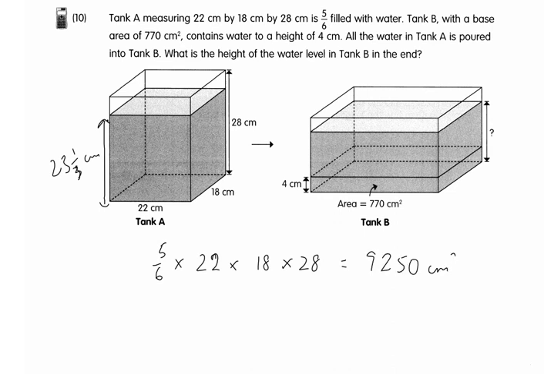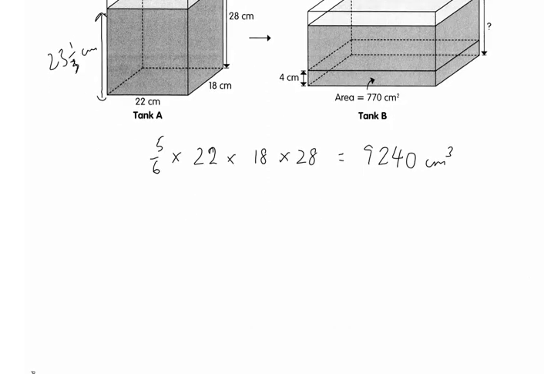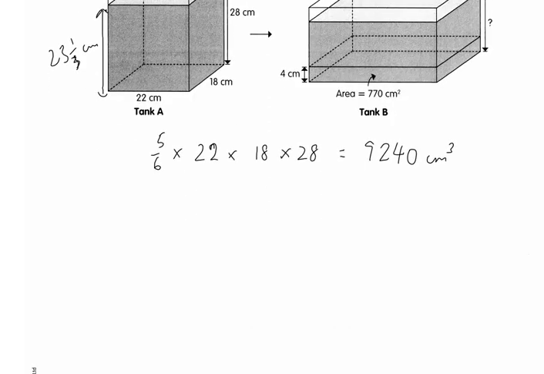So this amount of water is being transferred into tank B, which allows me to find out the height of water in tank B. There are many ways of doing it, but I prefer to do it this way: 9240 divided by 770. What do I get? 12.